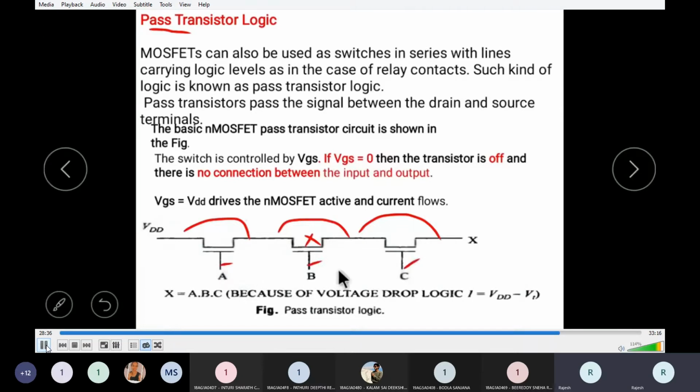If VGS equals 0, the transistor turns off, hence there is no connection between the input and output, and the output goes to 0. If all the transistors are on, then the output X equals A and B and C.